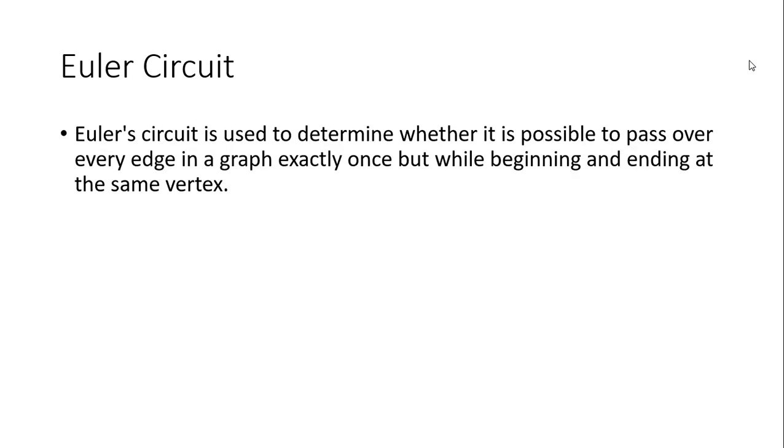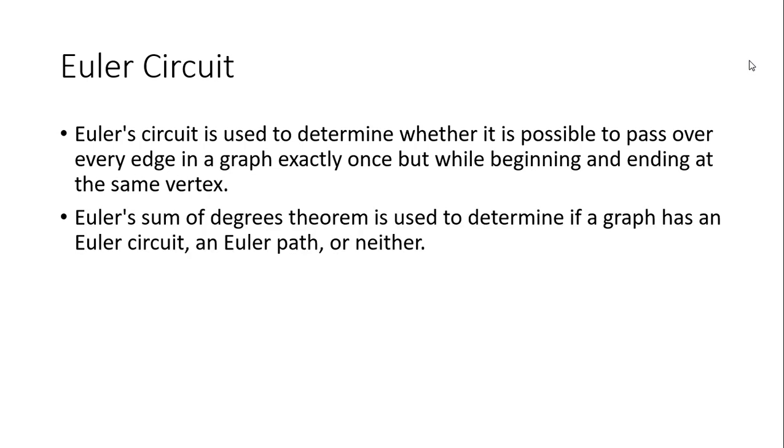I'm going to discuss the Euler circuit. So what is an Euler circuit? It's used to determine whether it's possible to pass over every edge in a graph exactly once, while beginning and ending at the same vertex.